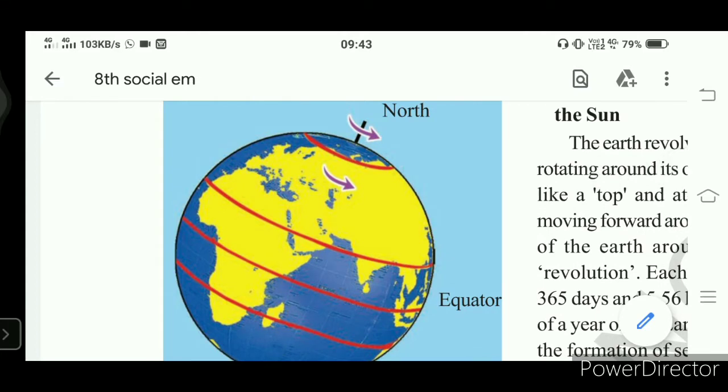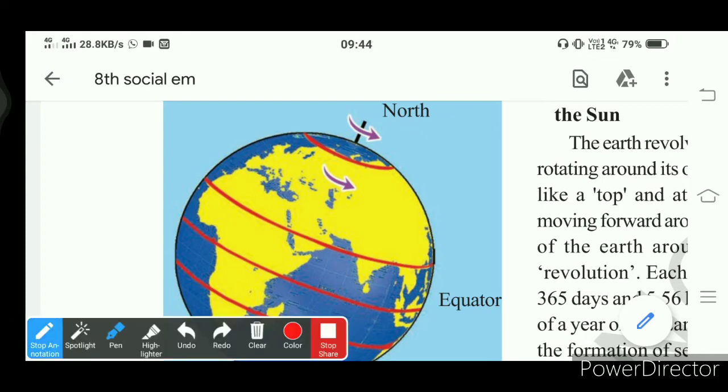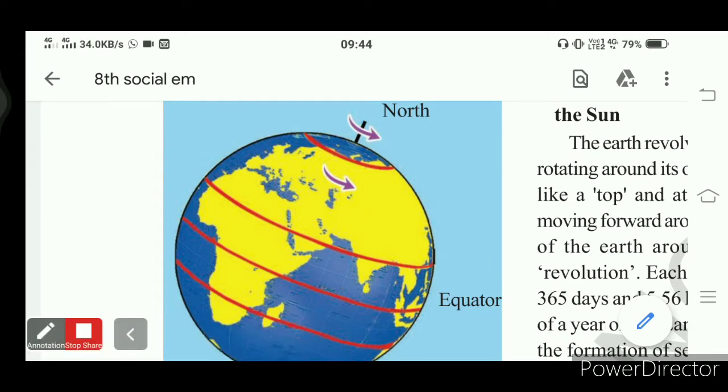This is the axis which passes through the middle of the earth and connects the north pole and the south pole. So the axis and the spherical shape of the earth. This is the spherical shape, understand? How these two will distribute solar heat over the earth, we will see. We have studied that earlier.